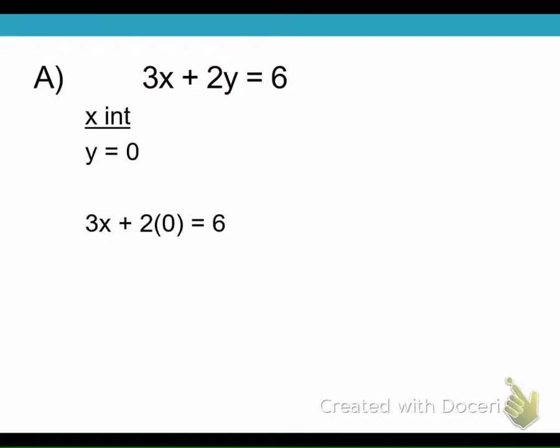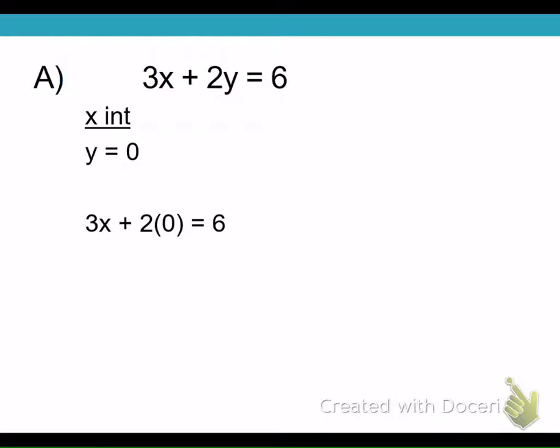You're finding the ordered pair where y equals 0. So we're plugging 0 in for y, we're solving for x. To find the y-intercept, we'll plug 0 in for x and solve for y. You make the other one 0. If you're finding the x-intercept, the y will always be 0. If you're finding the y-intercept, the x will always be 0.